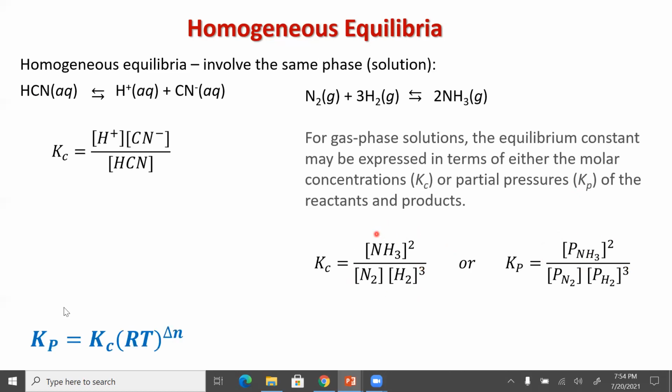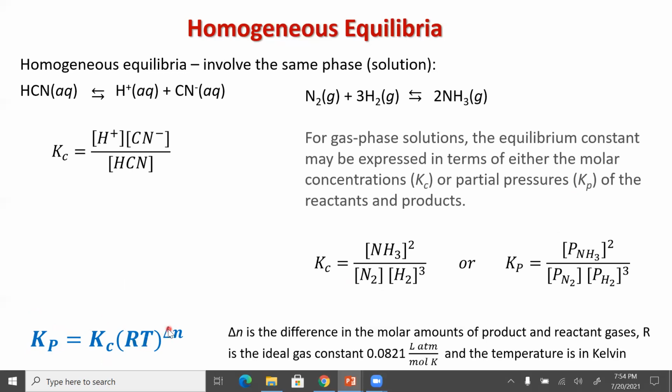And how are they related? Well, the equilibrium constant in terms of partial pressures will equal the equilibrium constant in terms of concentrations times RT raised to the delta N. Okay, what does delta N mean? Well, delta N means the difference in the coefficients in the balanced equation.